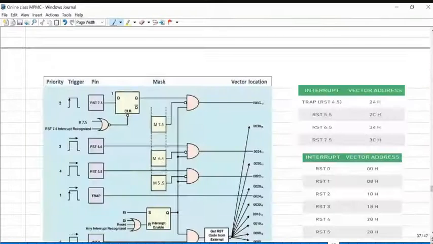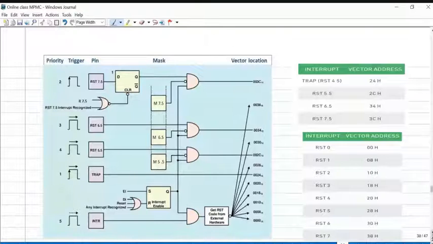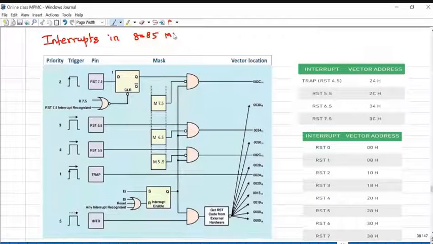Right. So next topic, interrupts in microprocessor, particularly the 8085 microprocessor, and the instructions related to the interrupts.